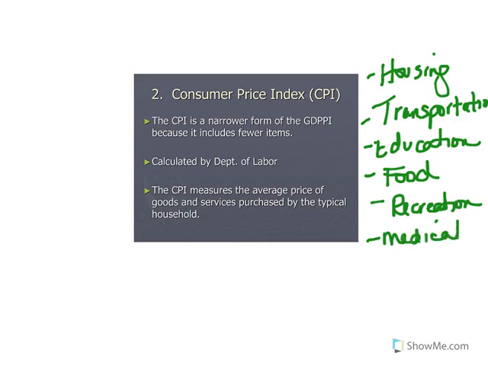In other words, they're not tracking the changes in prices of everything. They're only tracking the price changes of the average goods and services that the average household actually purchases. So again, the Consumer Price Index is going to be useful to let an individual know how the average prices of goods that households actually buy have changed.